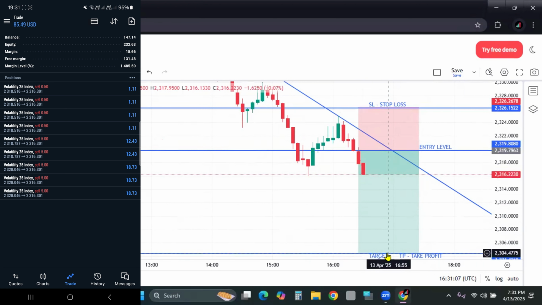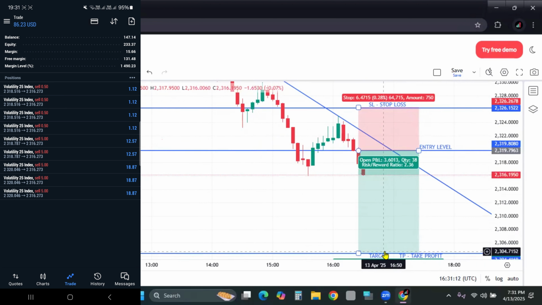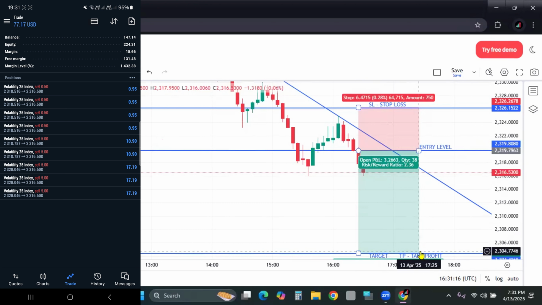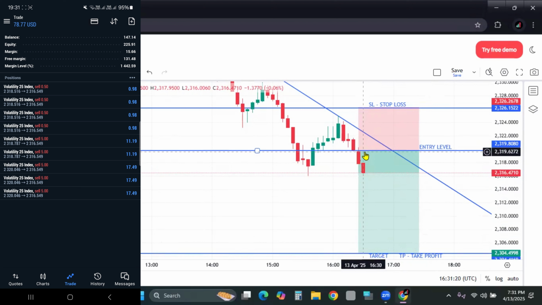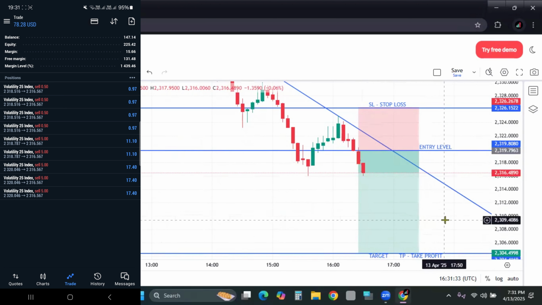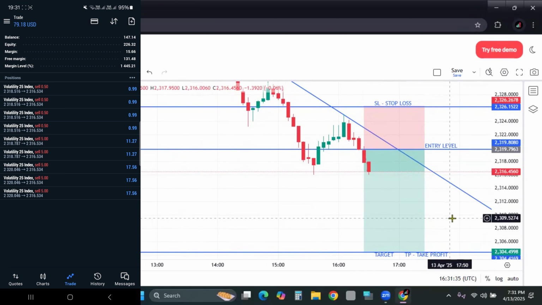And the TP is a level where, when the price hits, the trade closes automatically with a profit. Then the entry level is where you placed your trades. From your entry level, when the price goes in the opposite direction, you run into losses. But when it goes into your direction, it generates profit.